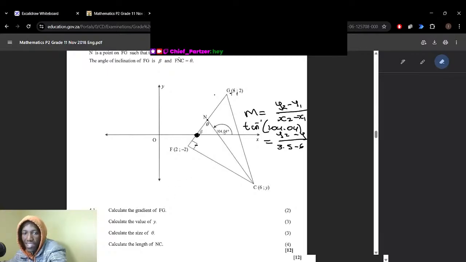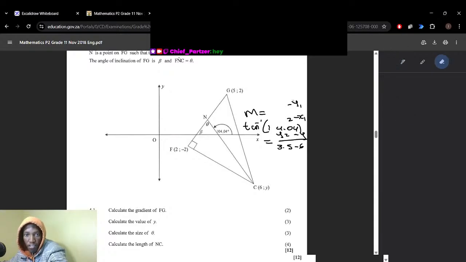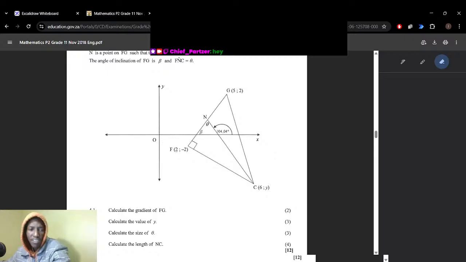If you did not really get me, just rewind 5 or 7 minutes backward, then listen carefully to what I'm saying, and you'll get what I mean when I say there's something wrong with this question. Even teachers and people who set papers tend to make some mistakes as well. This goes to prove that nobody is really perfect.